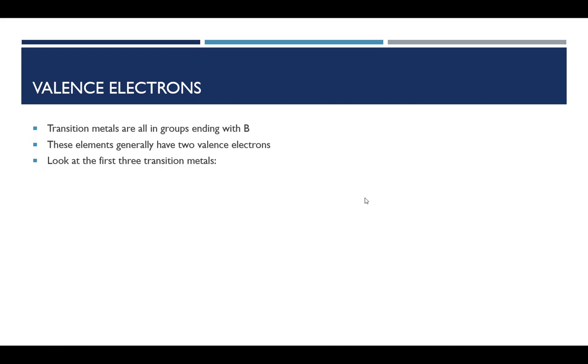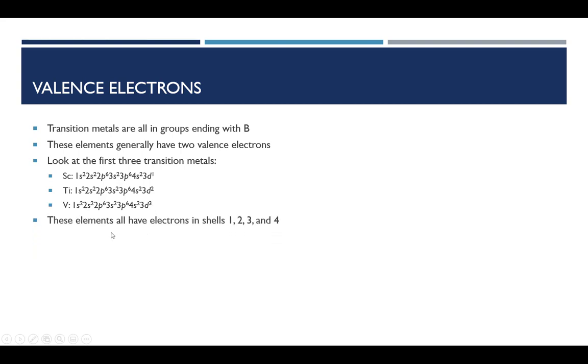We'll start by looking at the electron configurations of the first three transition metals. Here we have scandium, here we have titanium, and here is vanadium. You'll notice the electron configurations only differ in the 3d subshell. So 3d has 1 electron for scandium, titanium has 2, vanadium has 3.